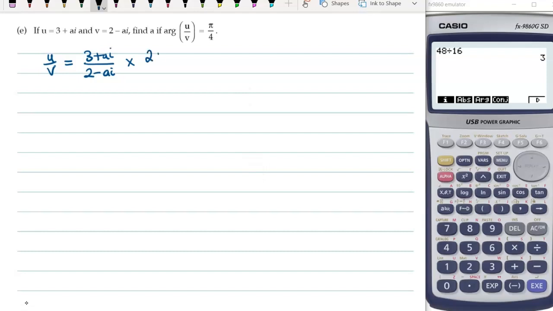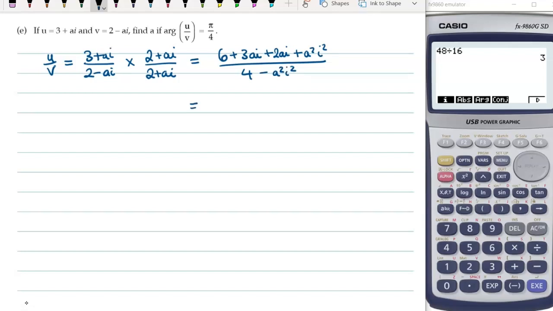So times it by (2 plus ai) over (2 plus ai). Multiplying that across, we will have 6 plus 3ai plus 2ai plus a squared i squared, and then 4 minus a squared i squared.